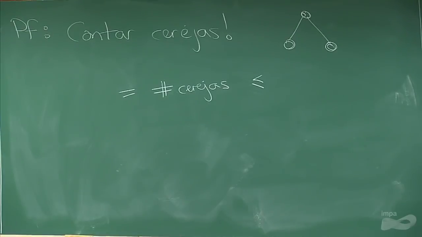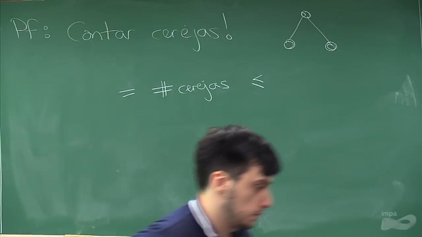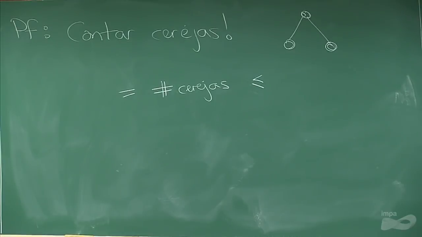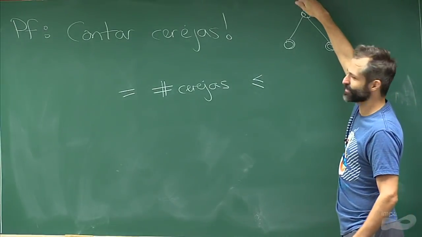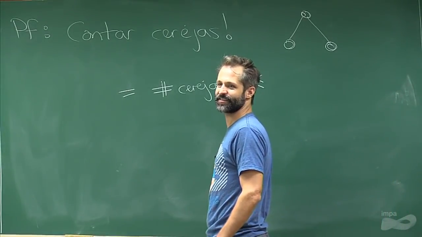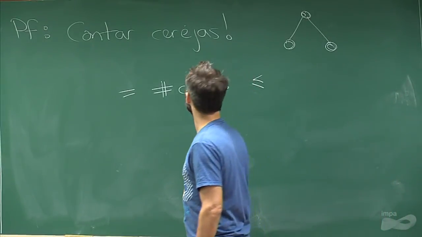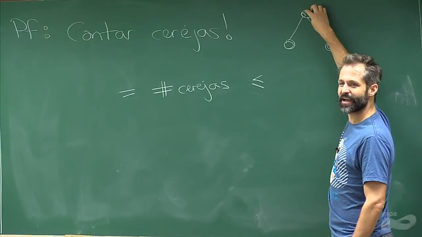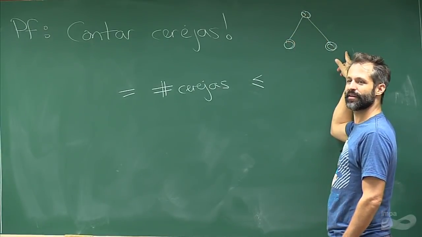So what are the two obvious ways to count cherries? Yeah, you count from the top or the bottom. So let's count from the top. How many are there? Depends on the degree. Exactly. So how many are there as a function of the degrees? Given this vertex, there's the degree choose 2.